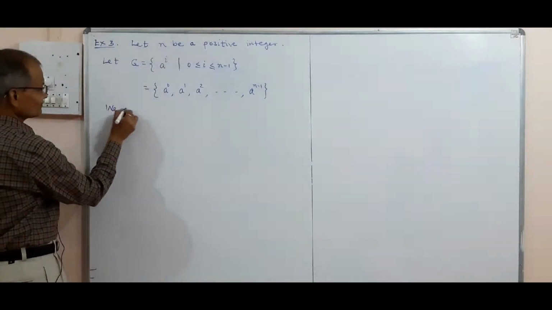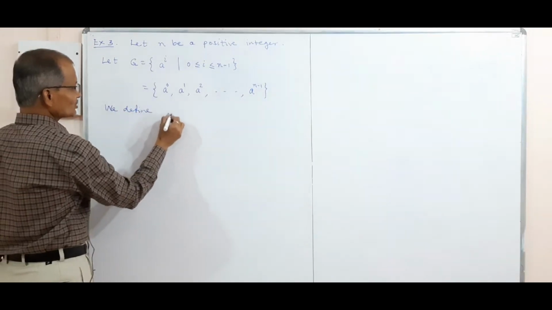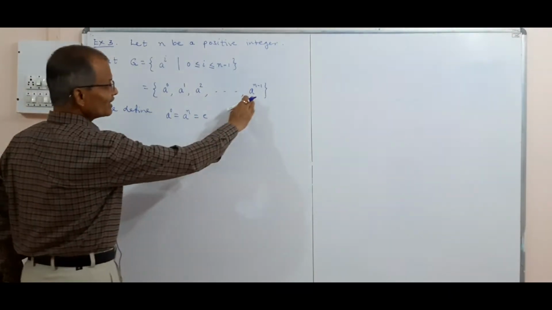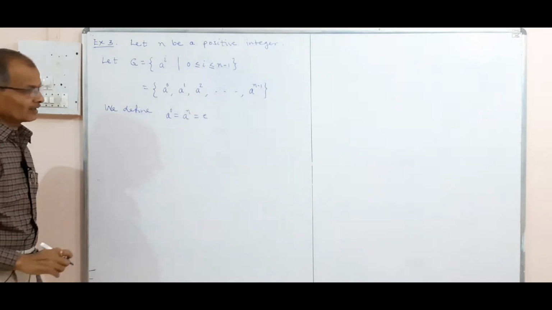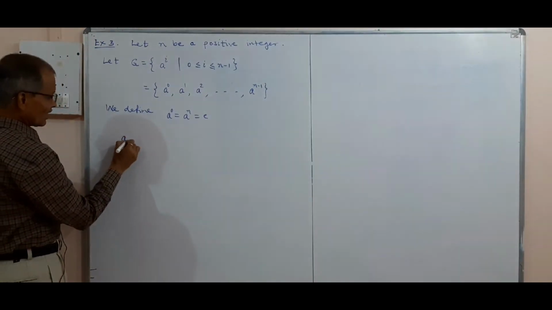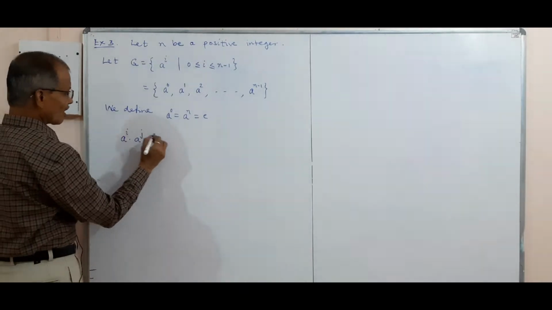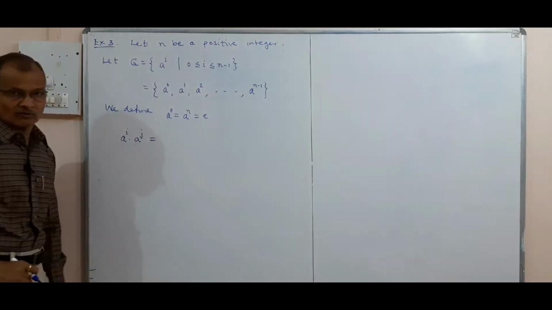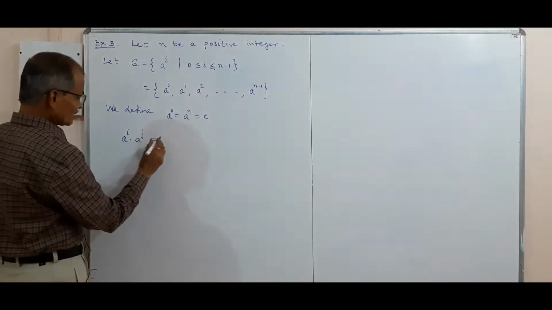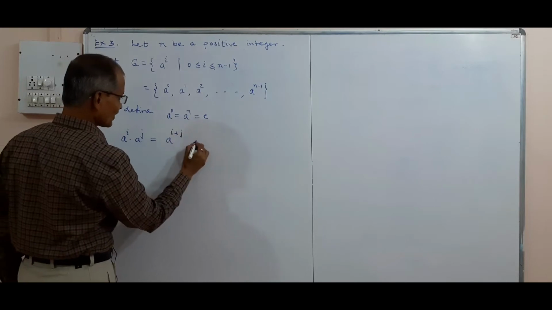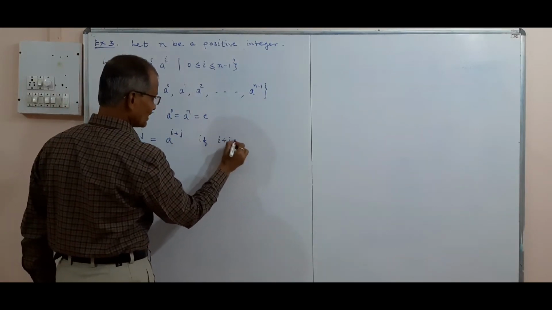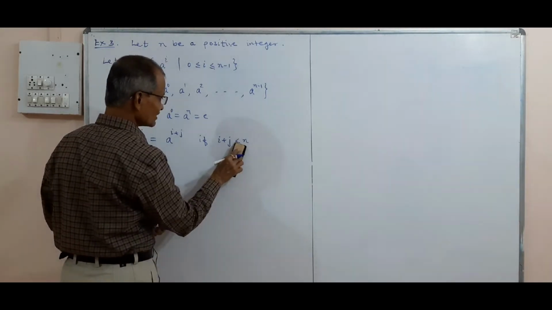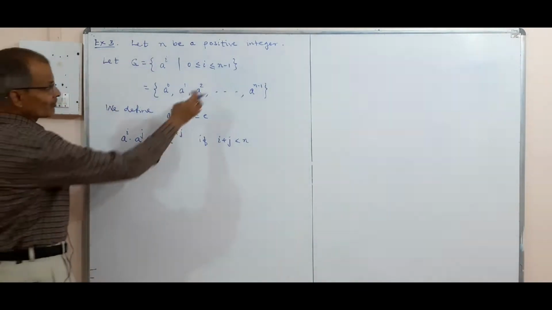And further we define a raised to 0 is equal to a raised to n is equal to e. A raised to n will be the element which is outside this set, and that is e. Also, a raised to i into a raised to j product. We define the composition dot by this. Every element is in power form of a, and therefore this is a raised to i plus j if i plus j is less than or equal to n minus 1, or we may consider it is strictly less than n, means up to n minus 1.